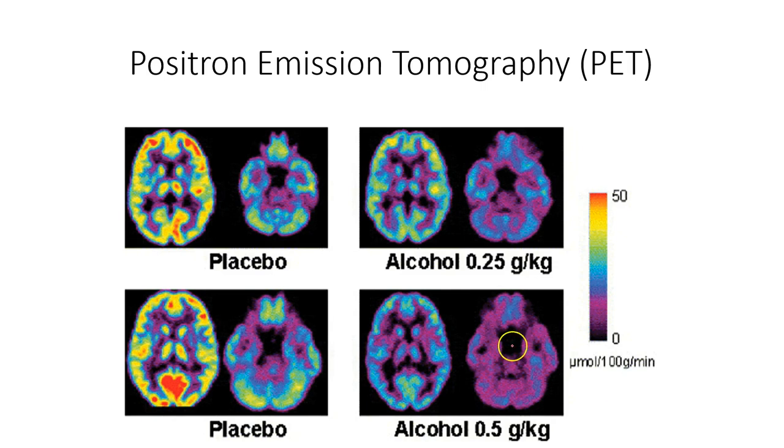So in this situation, they gave healthy controls either placebo, shown here, or alcohol, and then measured activity of the brain. The redder areas of the brain represent more active, and not surprisingly, following alcohol consumption, either of 0.5 grams per kilogram or 0.25 grams per kilogram, the activity level in the brain decreased substantially.